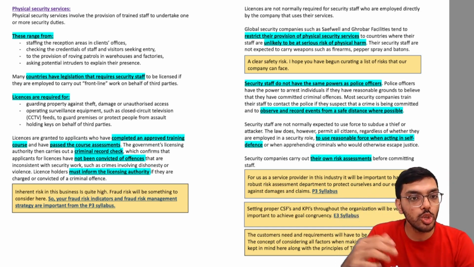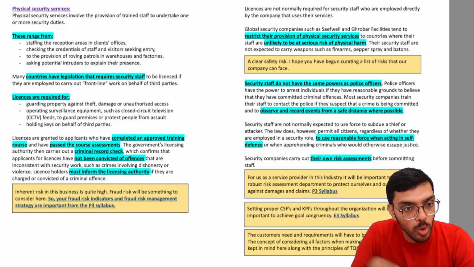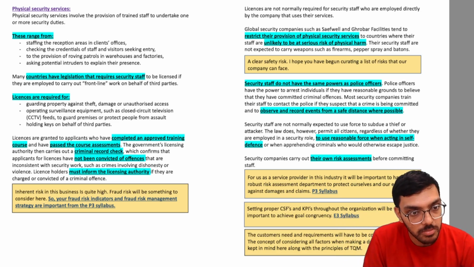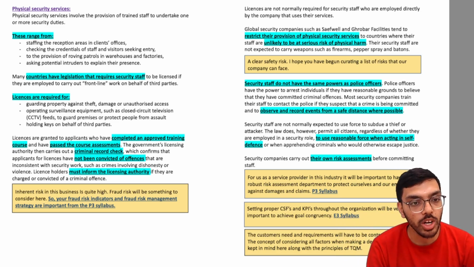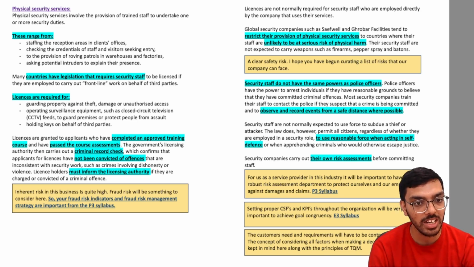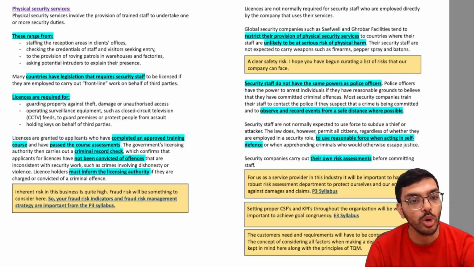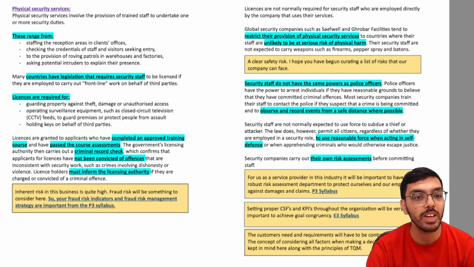Licenses are granted to applicants who have completed an approved training course and have passed the assessment. The government's licensing authority then carries out a criminal record check to confirm that the person that has gone through this training does not have any offenses. License holders must inform the licensing authority if they are charged of any criminal offense.